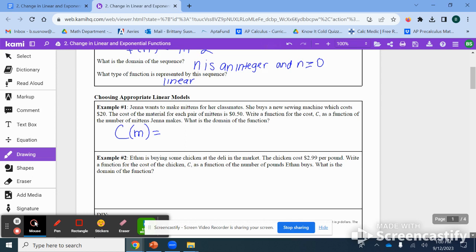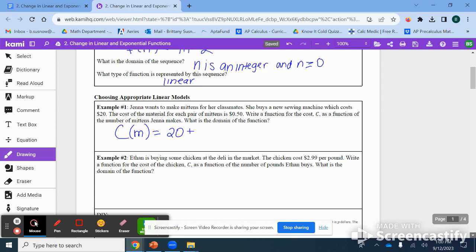All right. So what's the constant? What's always there in the equation? The $20. You start by buying a sewing machine for $20. Plus what? And then it's 50 cents per mitten.